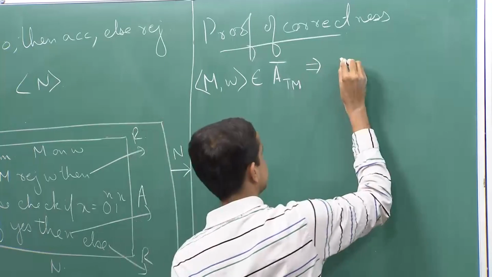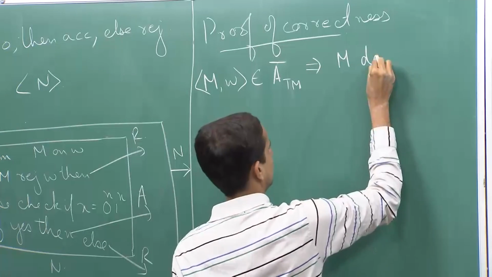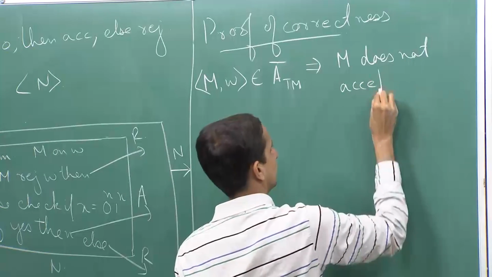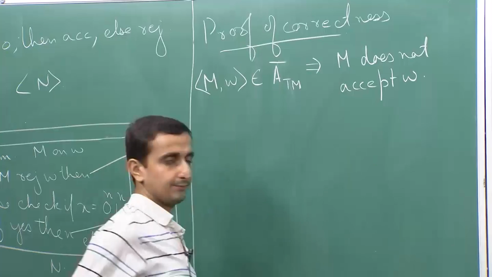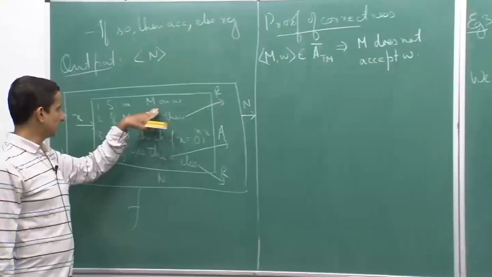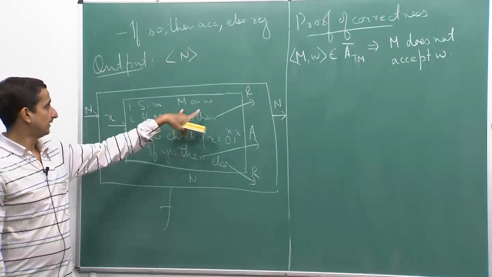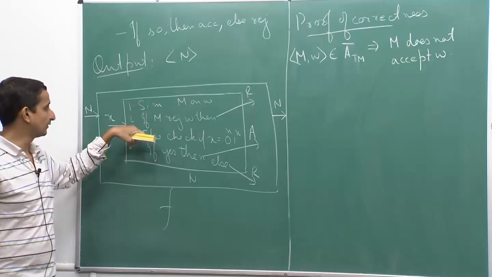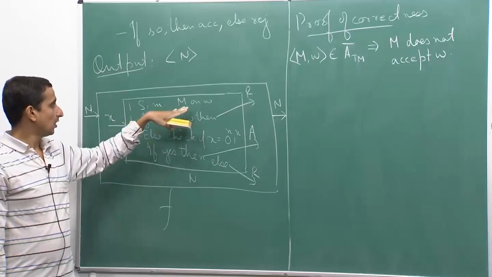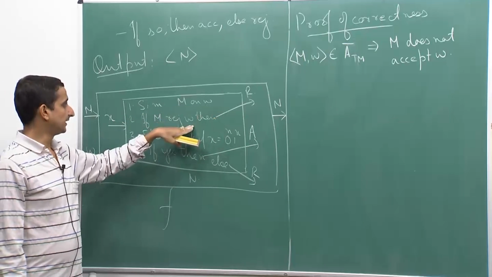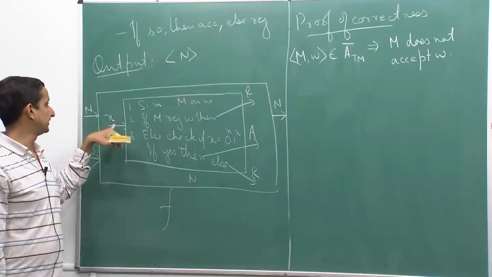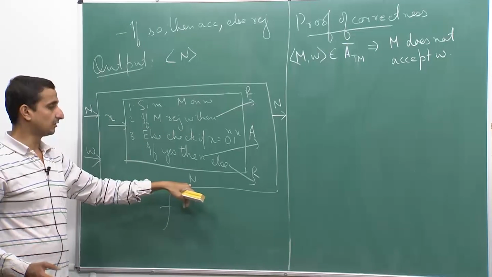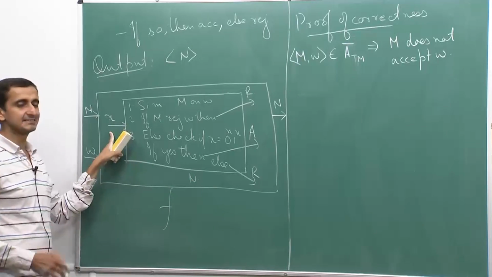This means that m does not accept w. If m does not accept w, two things can happen. In the first step, either it loops on w forever, in which case I do not even go to the second step, or it rejects w, in which case the machine n rejects x. So, in either case the machine n does not accept any x.